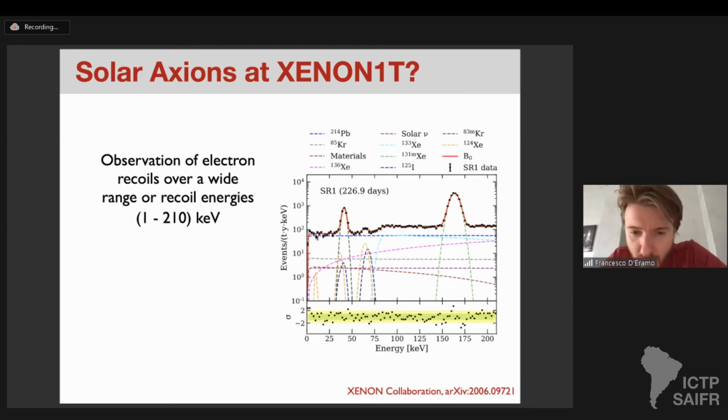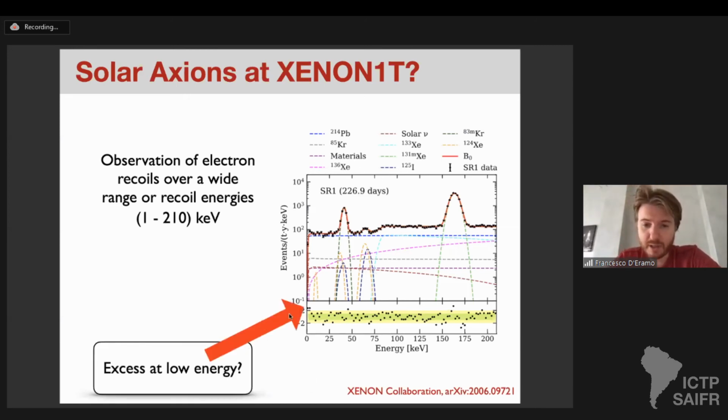The black points are the experimental data, and the red line is the background that the collaboration estimated, from the contribution of multiple sources. Background and data agree pretty well, the red line is on top of pretty much all the points, but at low energy there seems to be an excess with respect to the background expectation.